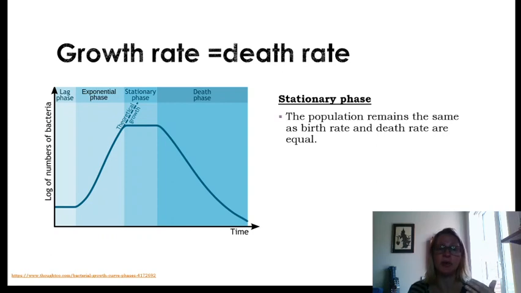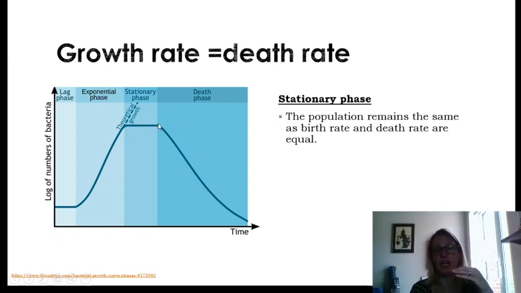And then they get to a point where the growth rate, the reproductive rate, and the death rate are equal to each other, and we call that the stationary phase. So the population is going to stay the same because the death rate and the birth rate are equal to one another.